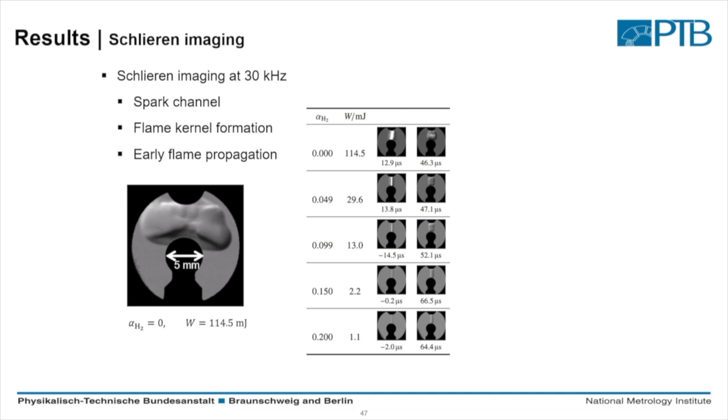And then we can see the temporal development. So in this first image, we always see the discharge, and this is also the reason for these numbers here. We have not t equals 0. Again, we have Schlieren images, so we have an exposure time of 33 microseconds.